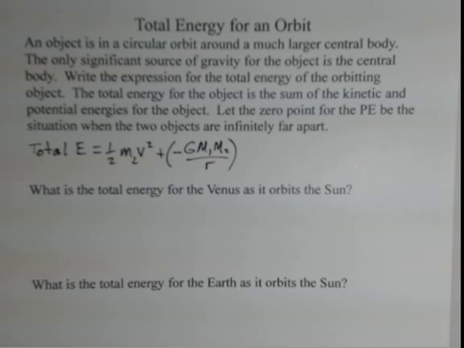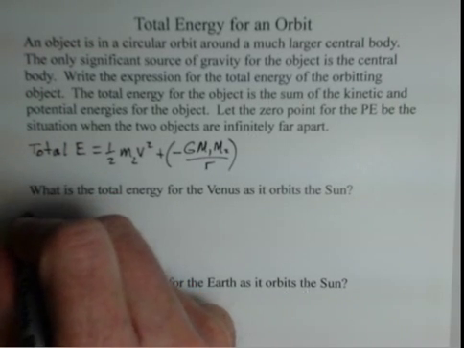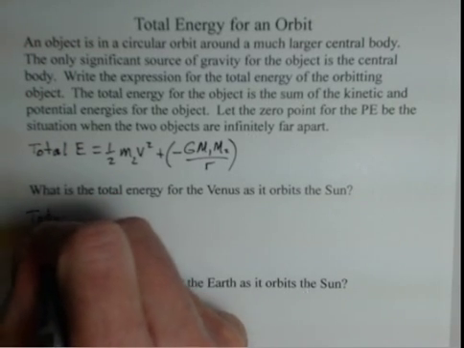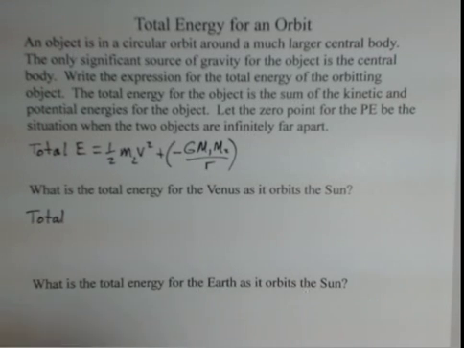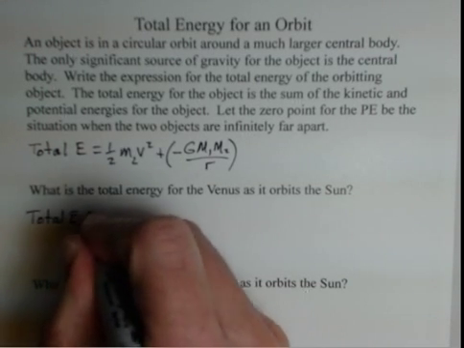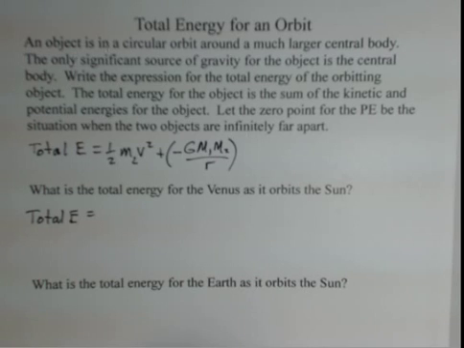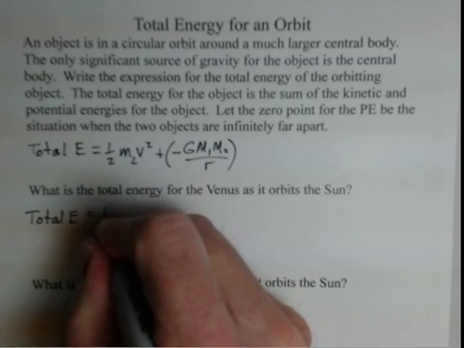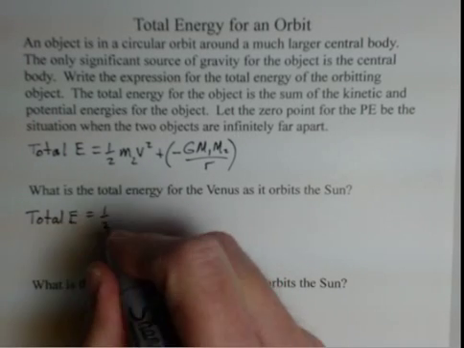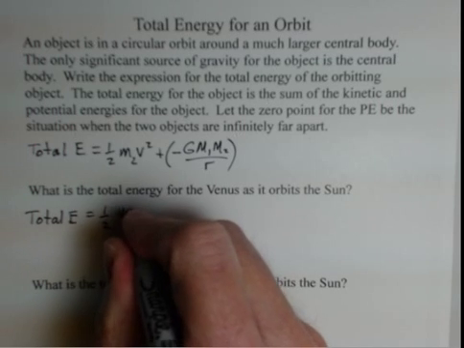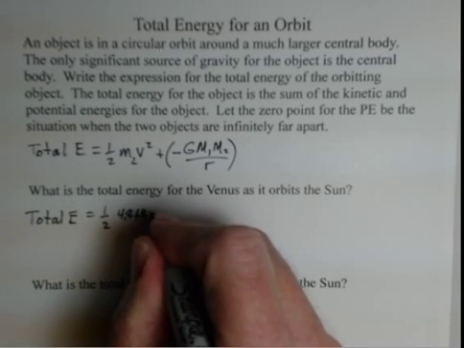So let's take what happens when we look at Venus in its orbit around the Sun as to what the total energy is. So the total energy, I'm going to go ahead and drop in numbers I just looked up in an astronomy book and did a few calculations. I'm going to assume a circular orbit, but total energy 1/2 the mass of Venus, which is 4.868 times 10 to the 24th kilograms.